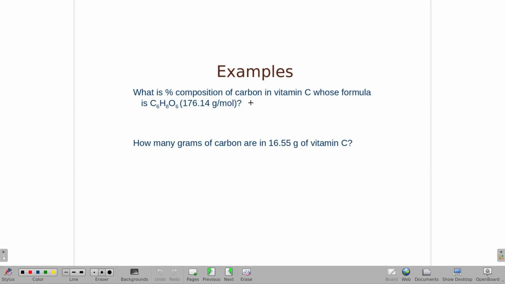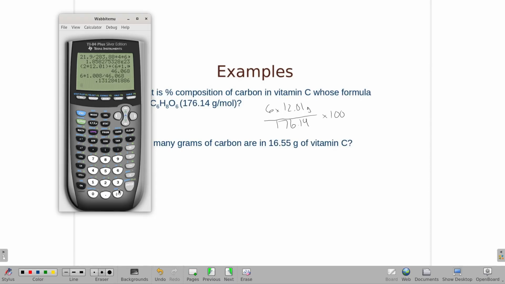So if we want carbon, we know there are 6 carbons, so 6 times 12.01, the molecular weight of a single carbon, divided by 176.14, the molecular weight of vitamin C. Then we're going to multiply that by 100. And we get 40.91%.